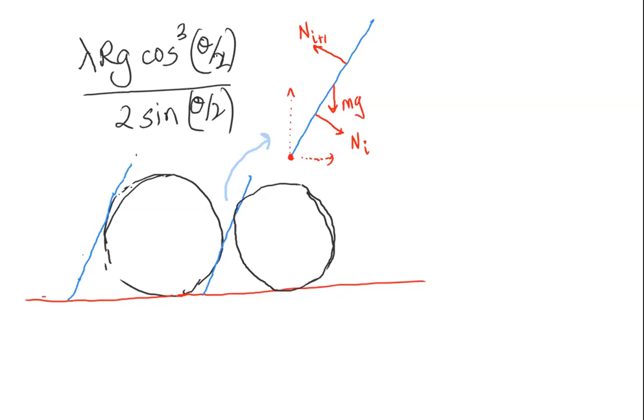So if I take the torque about this point, this green dot on the stick, then I should get torque due to Ni plus torque due to Mg equal to the torque due to Ni plus 1.